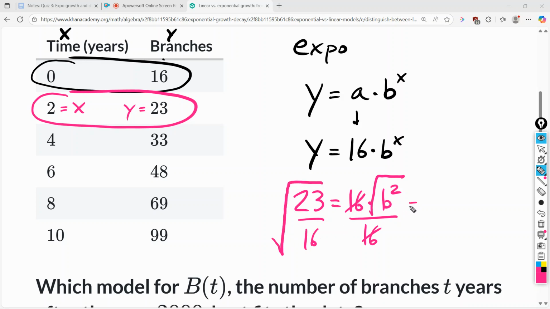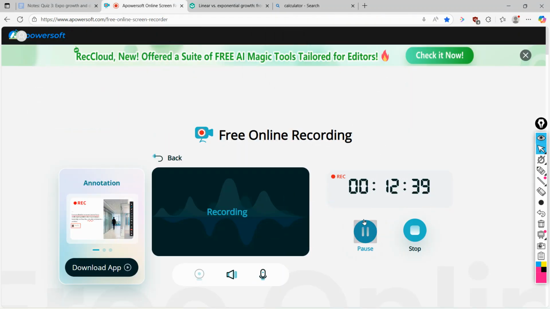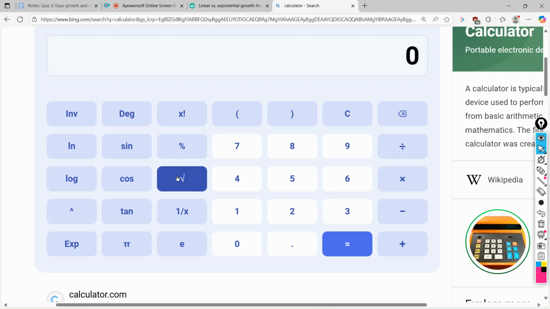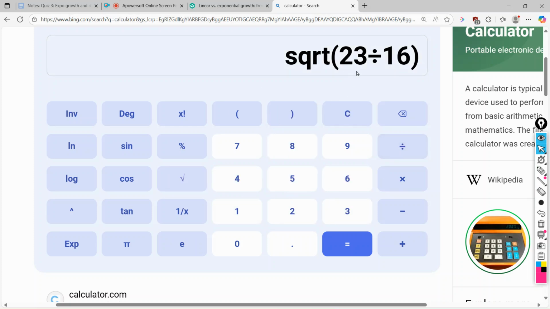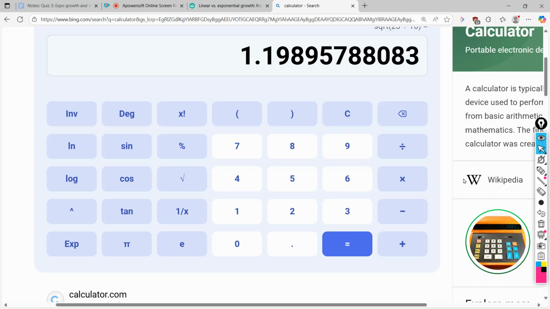Okay, square root of b squared is just b, and I'm going to do the square root of 23 divided by 16 on the calculator. All right, square root 23 divided by 16. Close parentheses right there, hit equals, and it looks like we're going to have to round off. Okay, I'm going to do one decimal, so if the second decimal is 5 or more, you round it up.